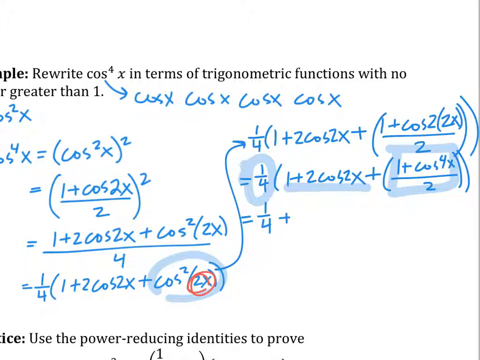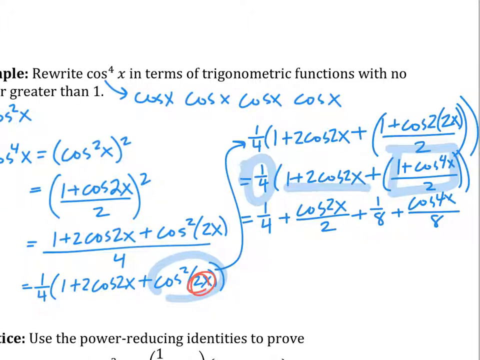1/4 plus 1/4 times 2, that is 2 cosine 2x over 4, which is cosine 2x over 2, plus this 1/4 times the 1/2 here becomes 1/8, plus the 1/4 times the cosine 4x over 2, that becomes cosine 4x over 8.